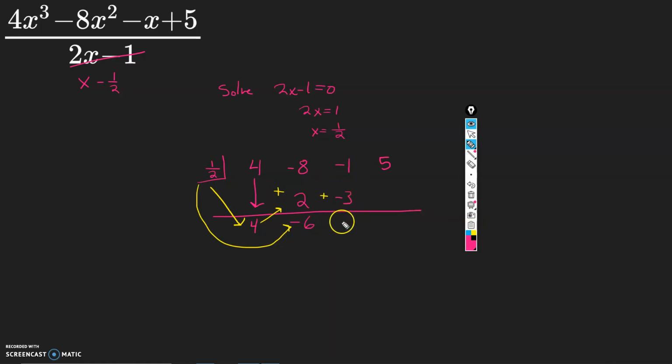Add these together, we get negative 4. Multiply and add: 1/2 times negative 4 is negative 2. Add these together: 5 plus negative 2, or just think 5 minus 2, that'll be positive 3. This last number here is always our remainder.